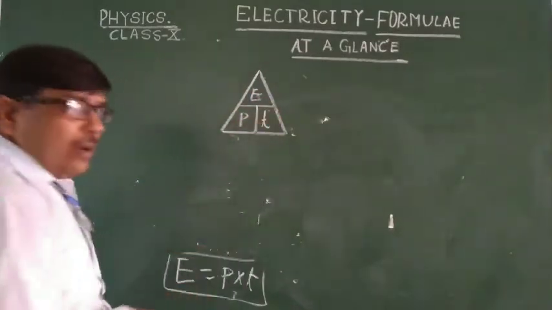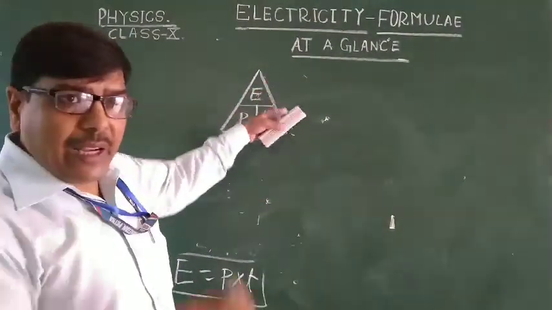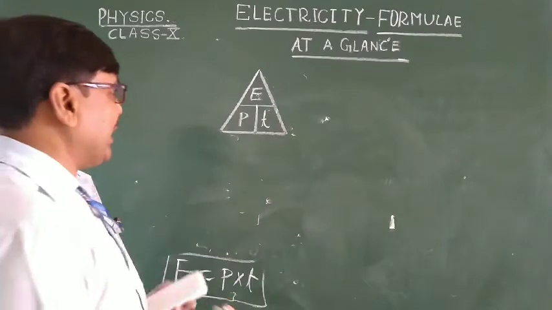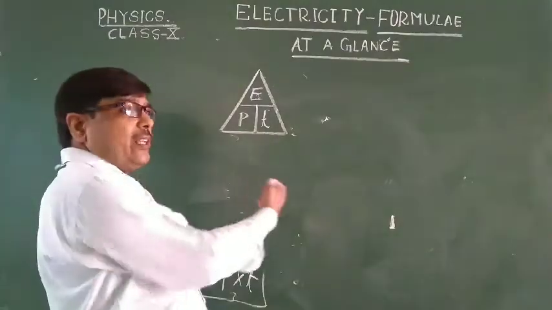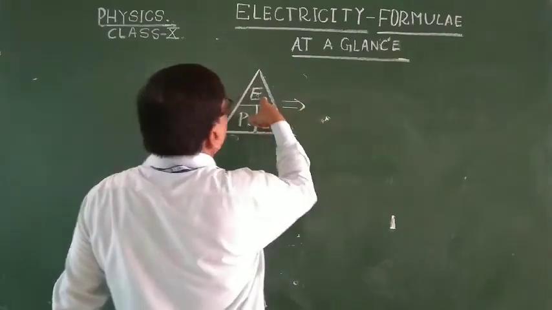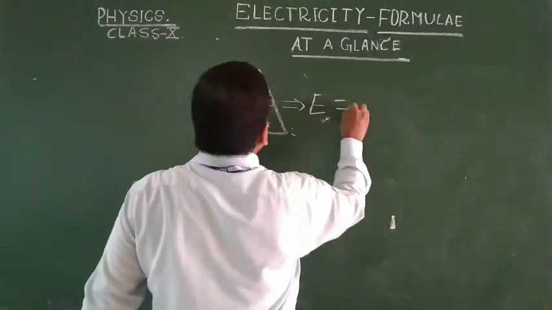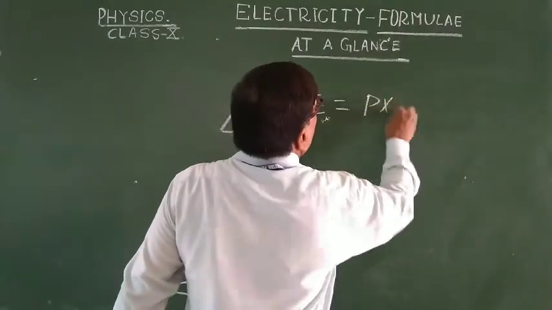If the power of the instrument is increased, then the electrical energy consumed will increase. If both increase, then E will increase. So E depends upon these two parts: E is equal to P into T.